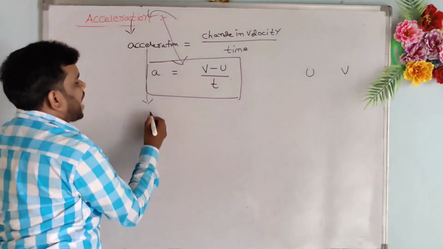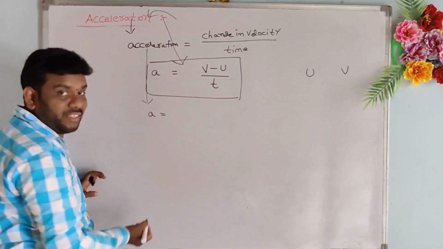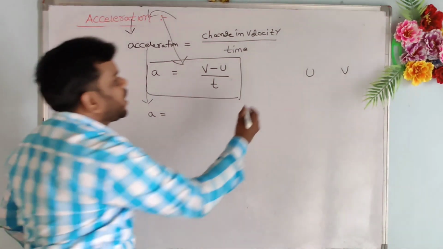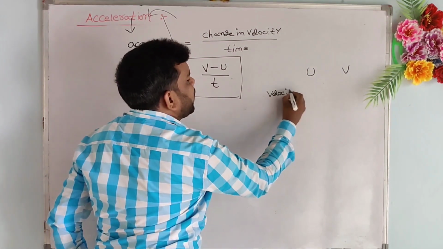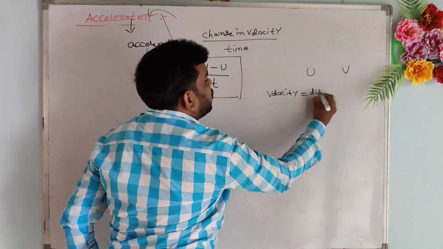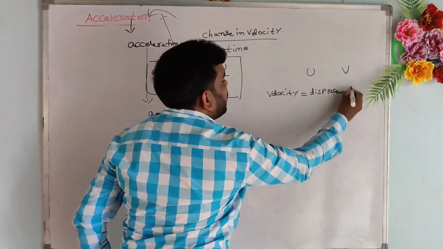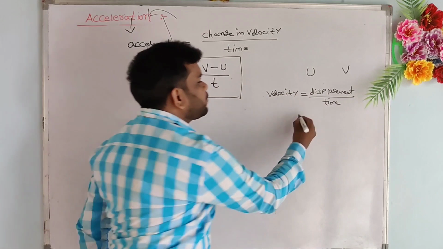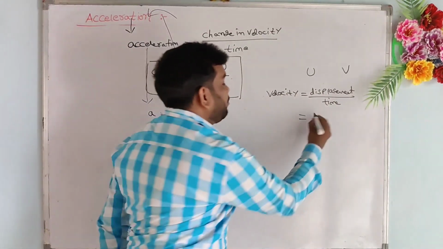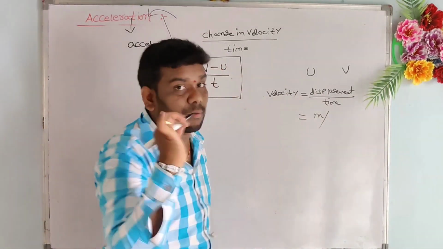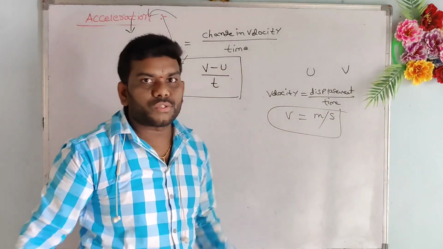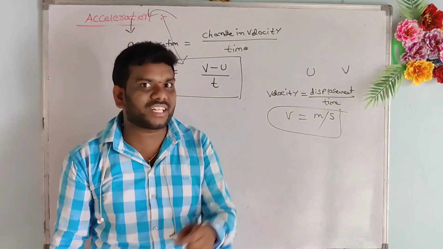So what are the units of acceleration? For example, acceleration is denoted by symbol A. Generally velocity is equal to displacement by time. Already I told velocity is equal to displacement by time. Displacement is measured in meters, time is measured in seconds. So what are the units of velocity?